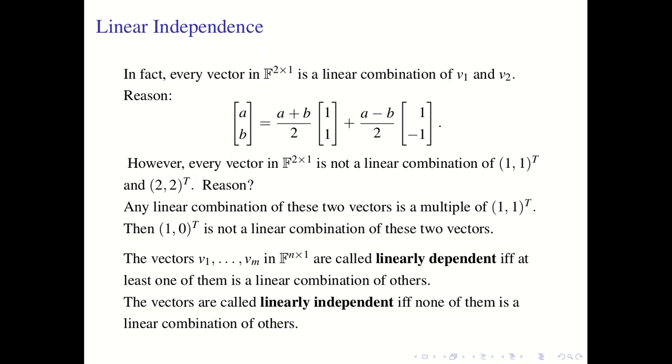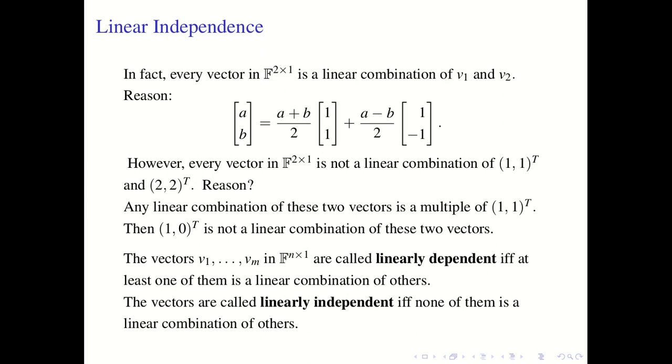We say that a set of vectors v1 up to vm, or array of vectors v1 up to vm, are linearly dependent if at least one of them is a linear combination of the others.